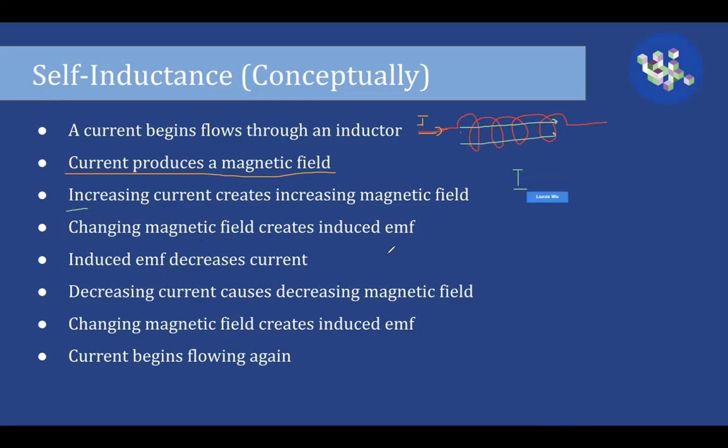That increases the magnetic field. If I increase the magnetic field through the solenoid, that increases the flux. And if I have a changing flux, here increasing, that creates an EMF.